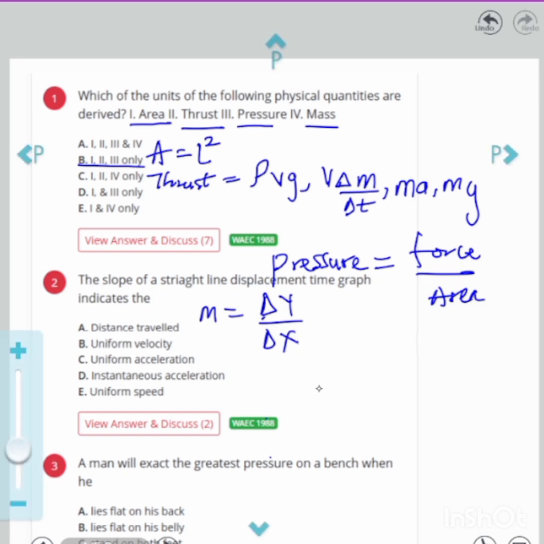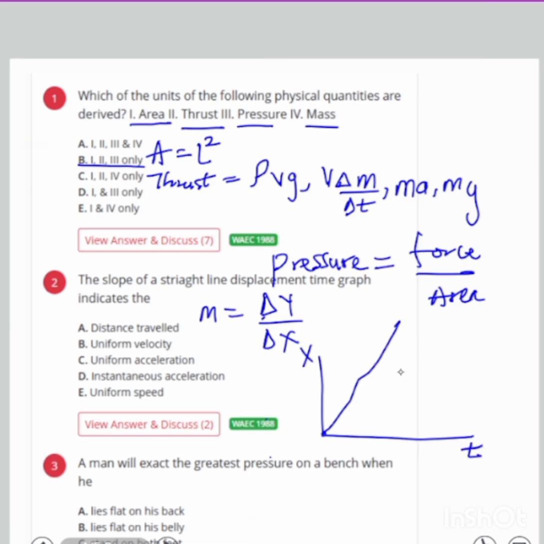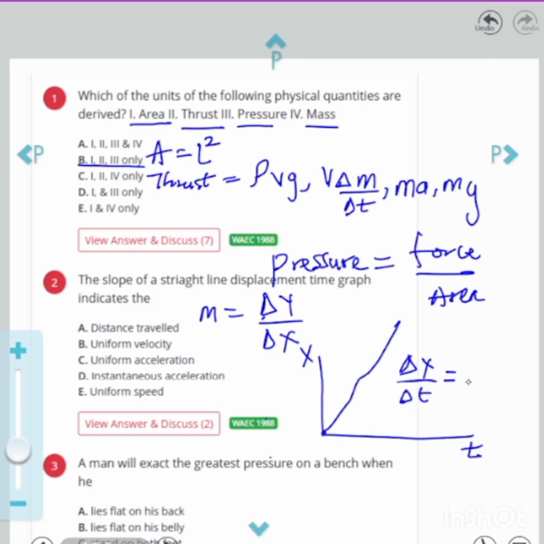So provided we have a linear graph of x being the displacement and t being time, that means change in x over change in time, which we basically would define as velocity.